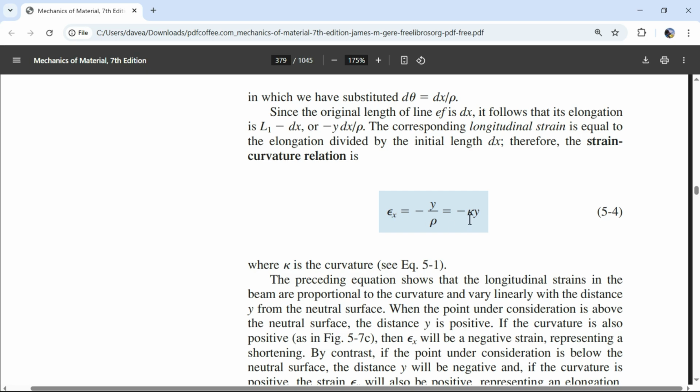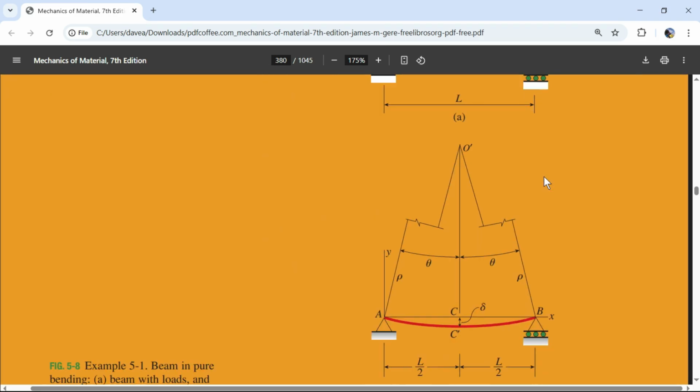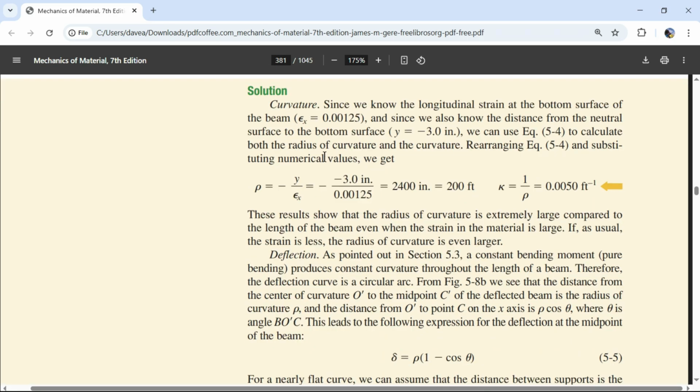We know that. And we know the distance to the location of that strain is negative 3. So we can either find the curvature or use either one of these equations. So let's just see what equation they use. So they use the fact that strain is equal to negative y over rho.